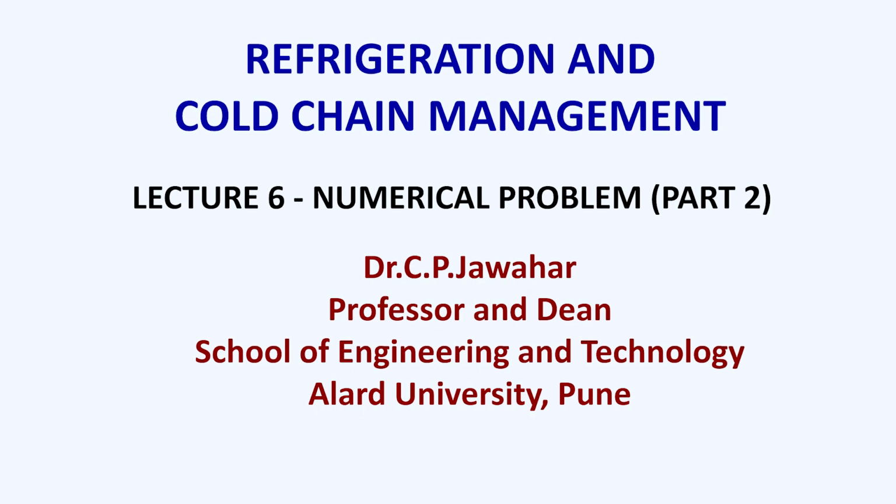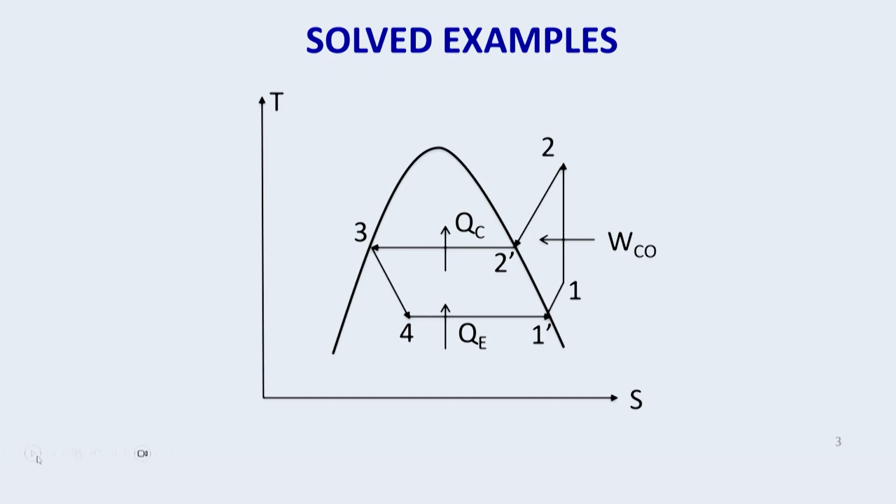Welcome to Lecture 6, Numerical Problem Part 2. We will be continuing the same problem. Before continuing, in the problem it was clearly given that the refrigerant is superheated to a temperature of minus 10 degrees centigrade.